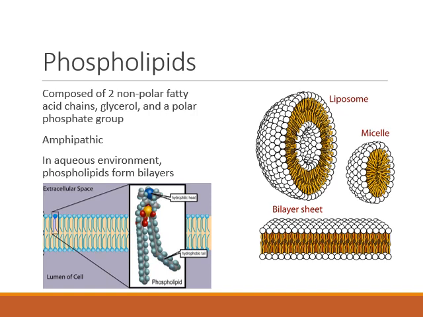And if you have a hydrophilic section and a hydrophobic section, this molecule is termed what? Amphipathic, as it says on the slide. If you were to throw this into water, you would form either a bilayer or a micelle. Phospholipids ultimately make up the cell membranes.